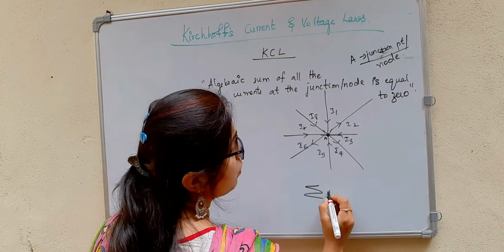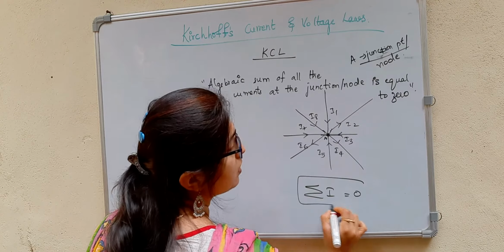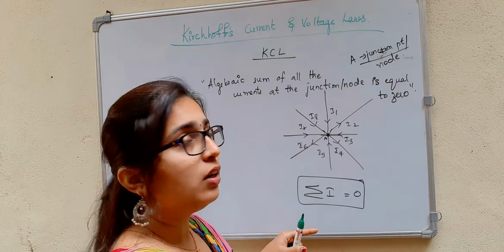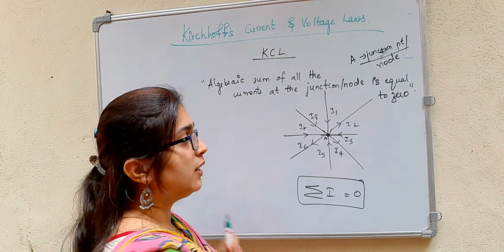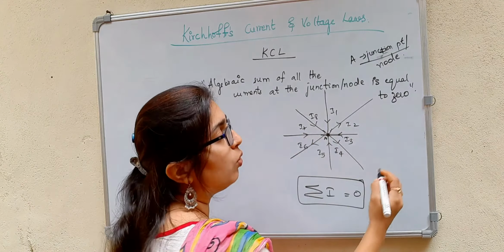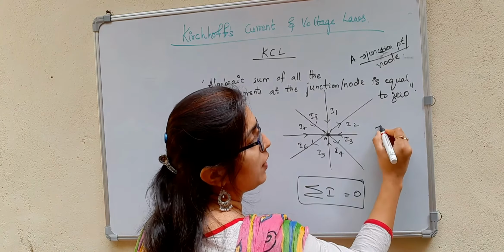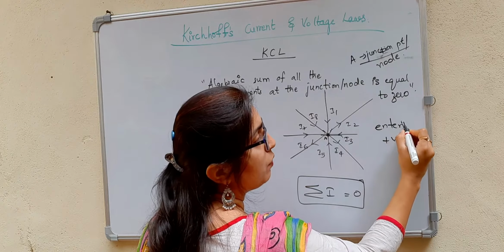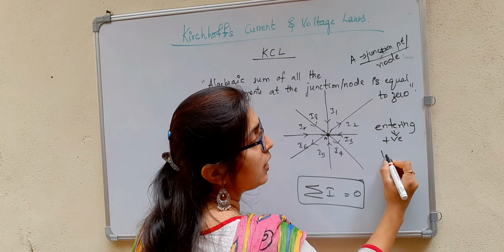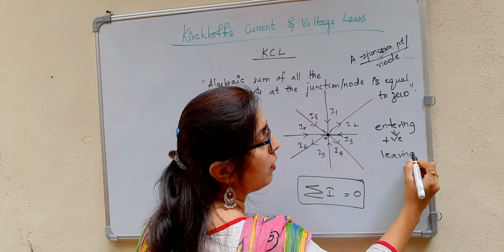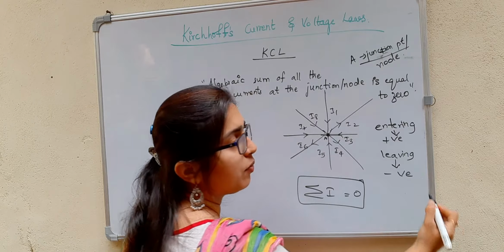That means summation of I should be equal to 0. So here we will take a convention that the currents that are entering the node, we will consider as positive. So current entering will be considered as positive.